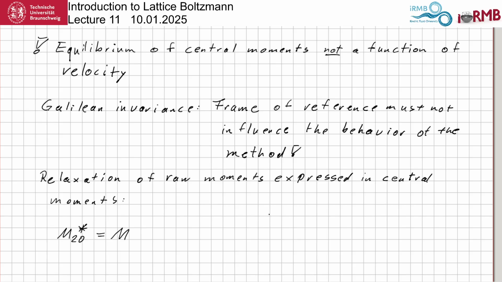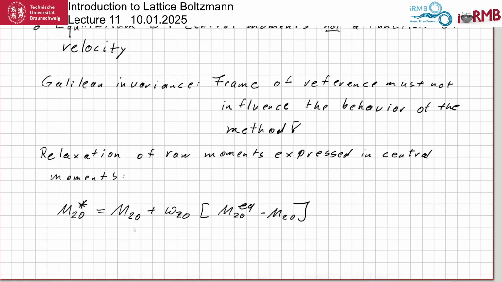Just say the post-collision state is the pre-collision state plus some relaxation parameter for this particular moment times the equilibrium minus the pre-collision state. Okay? So now what we simply do is replace all these raw moments by their equivalent central moment. And see whether in central moments we get the same equation.